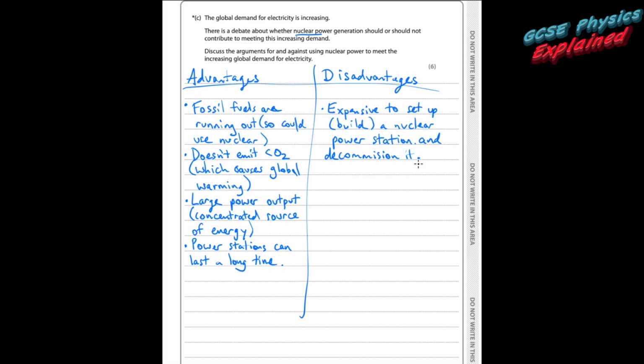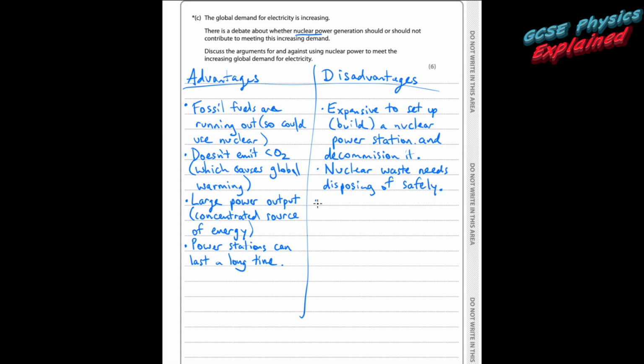Because you're going to have radioactive waste that you're going to have to dispose of safely, and that's expensive. So you've got your nuclear waste you need to get rid of. Nuclear waste needs disposing of safely.